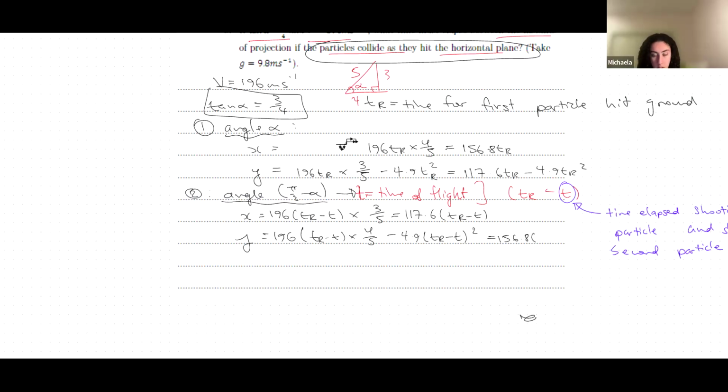The first one. Exactly. So doing that, what are you going to say is equal to 0? 0 equals 117.6 TR minus 4.9 TR squared. Yep. And then you just solve for TR.